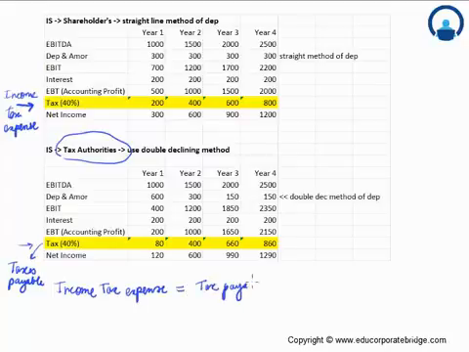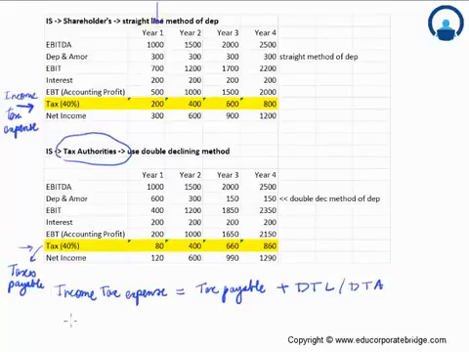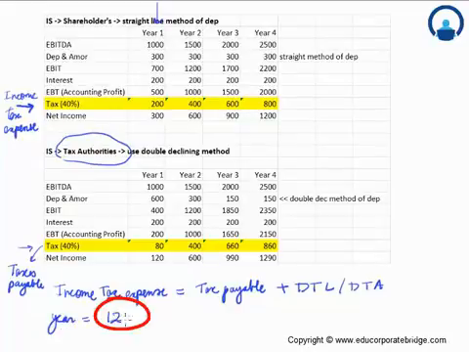Okay, so when we talk about this equation, we had seen earlier that income tax expense is nothing but taxes payable plus your deferred tax liability or deferred tax assets. So DTL, deferred tax liability, or deferred tax assets. Let us look at how this equation fits in for year 1. For year 1, 120 is the income tax expense.